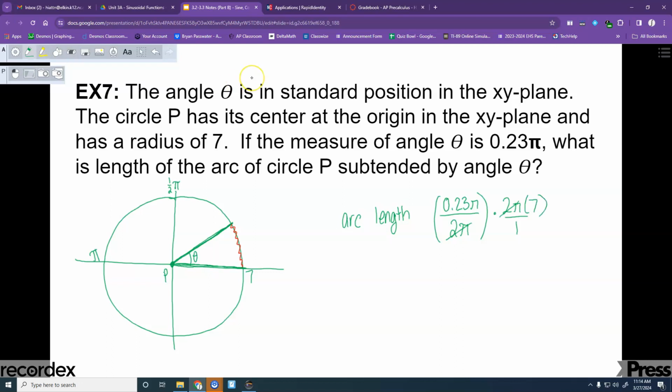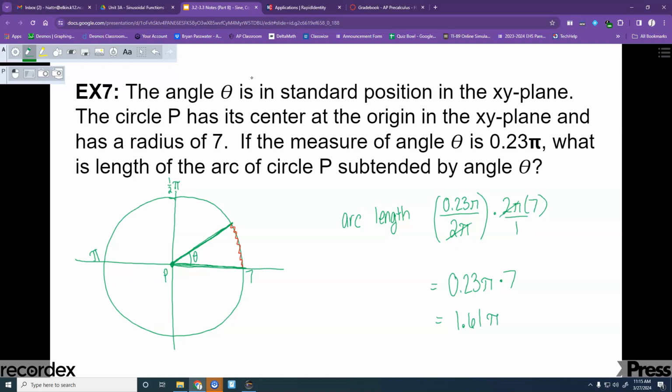So I am going to get just, and you could use the shorter formula, 0.23 pi times 7. You may see this a couple ways. You might see them where they leave pi in the answer, so they just multiply 7 times 0.23, and it'd be like 1.61 pi.